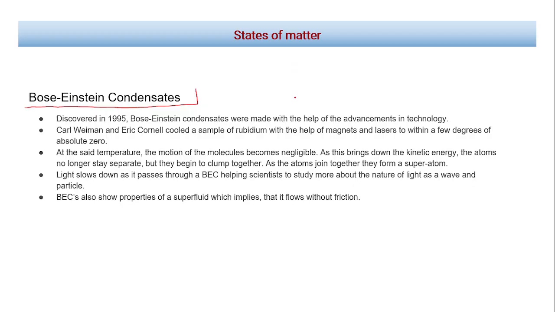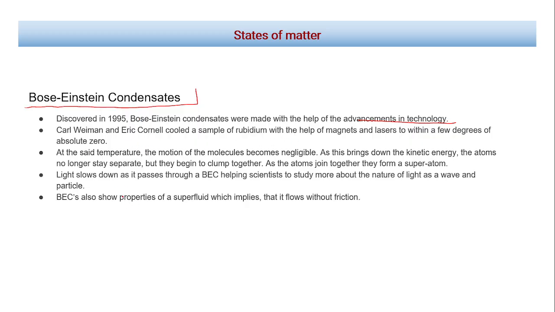It's not that relevant either, so even if you don't understand, it's okay. But this is something that has been achieved by people, so I wanted to mention it to you also. It was discovered in 1995 by these two people and made with the help of advanced technology only, not found in nature. And we don't need to go into detail.